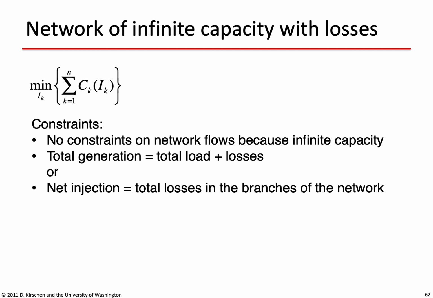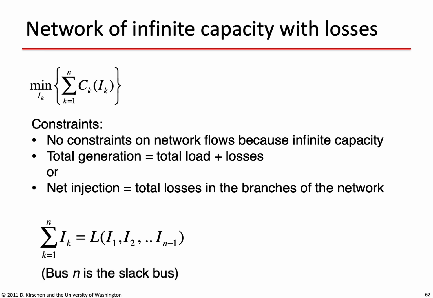So mathematically, what we want is that the sum from k equals 1 to n of Ik is equal to the losses. Now, note that I have expressed the losses as a function of the injections from bus 1 to bus n minus 1, because I assume that bus n is the slack bus and is therefore the bus that is going to make sure that these losses are met.